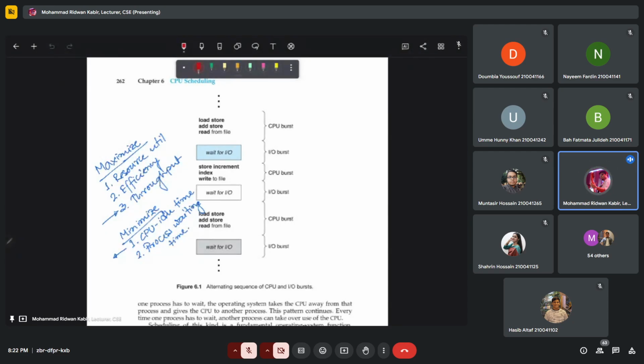Whenever we are talking about resource optimization, we want to maximize the utilization of our resources. Then we want to be efficient while we are using those resources. And finally, we want to increase the throughput of our activities.